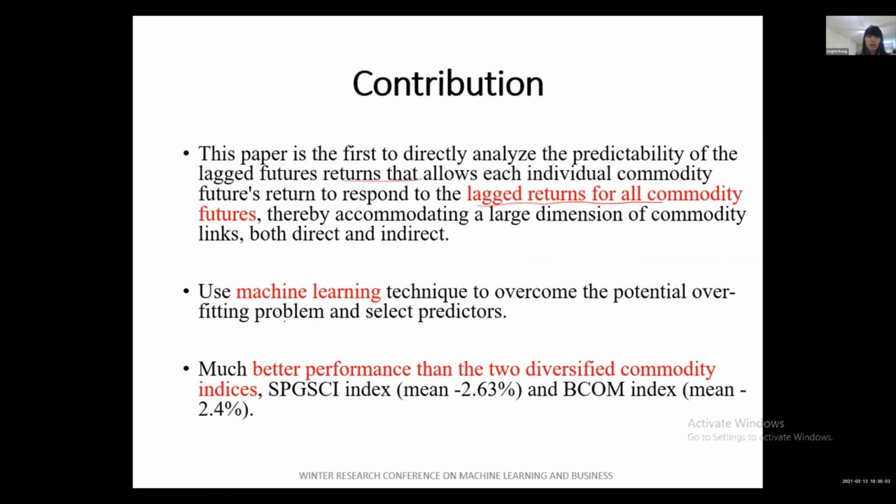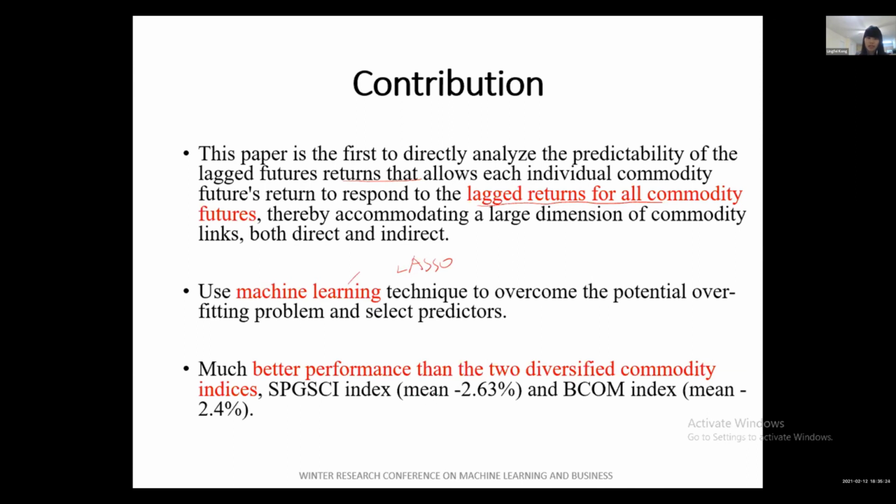Next, we also use machine learning techniques to overcome the potential overfitting problem. In this paper, our focus of the machine learning techniques is the most simple one, that is lasso. We also find much better performance than the two diversified commodity indices, such as the S&P GSCI index and the Bloomberg commodity index.